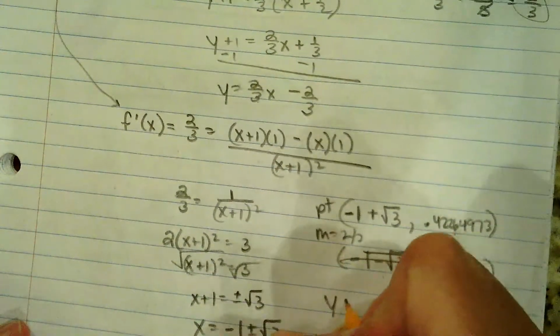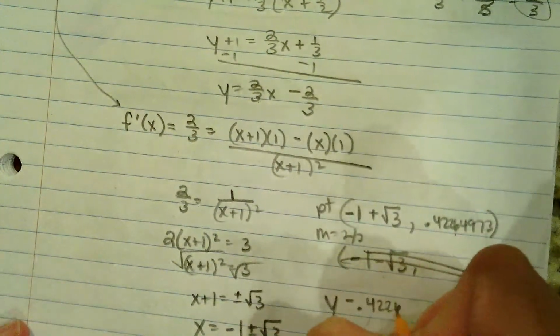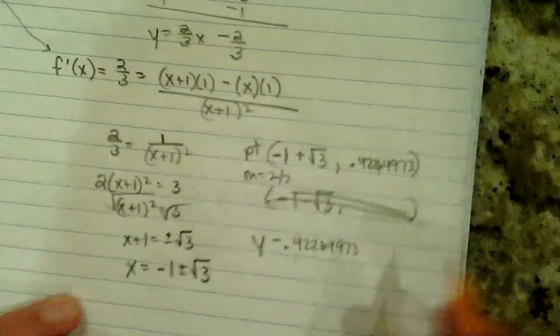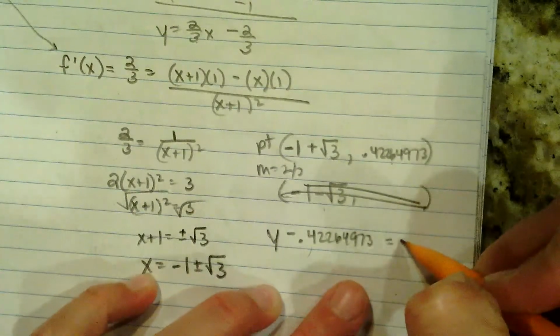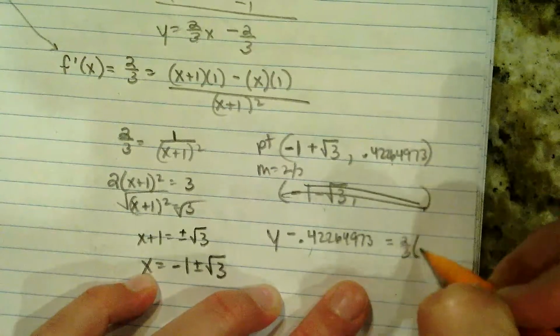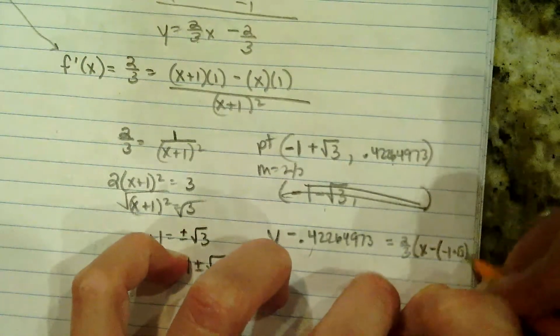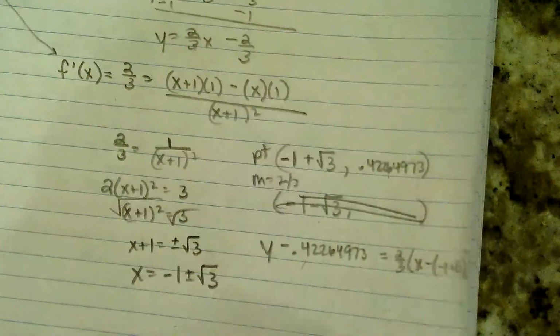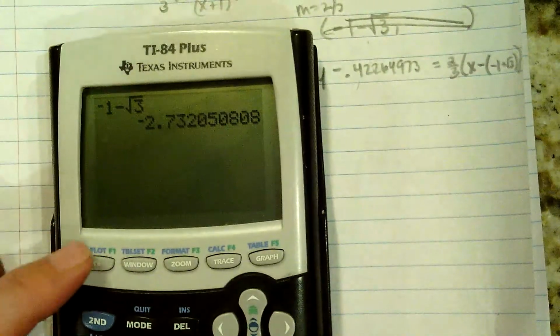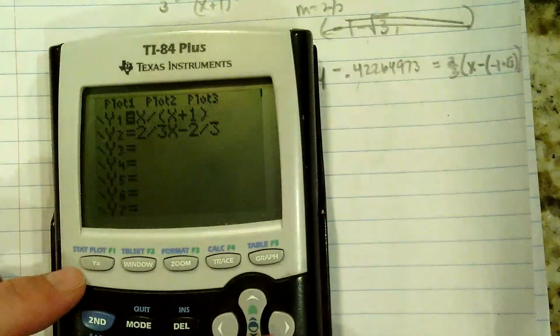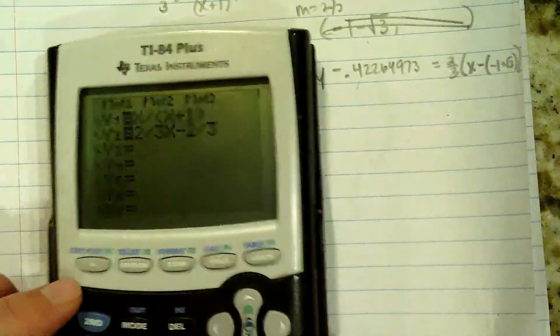So y minus 0.42264973 equals m times x minus parentheses negative 1 plus root 3. And rather than go bananas and simplify all that out, I'm just going to go ahead and type it into the calculator. We can bring back our secant. But watch how I type it in.